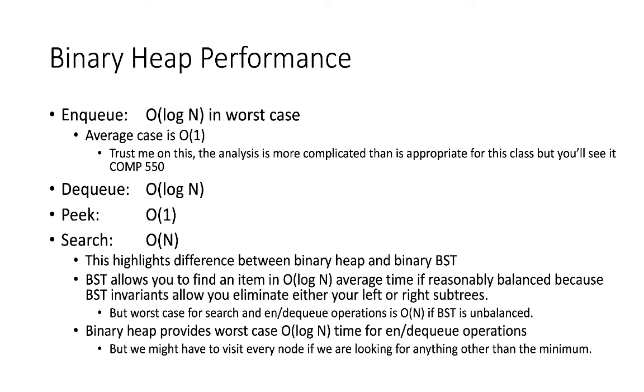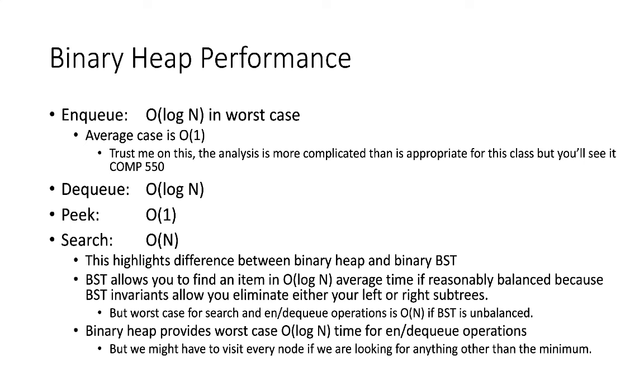But we don't have to have everything in the left be smaller than everything in the right. So some things could be on either side, right? By taking advantage of that slightly relaxed invariant, we are able to implement a priority queue much more efficiently with the binary heap, right?